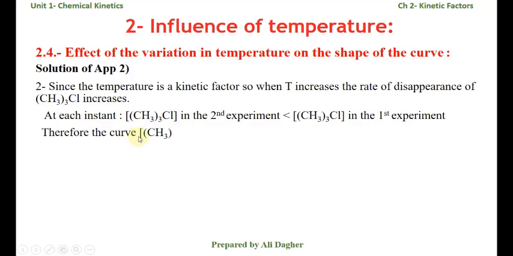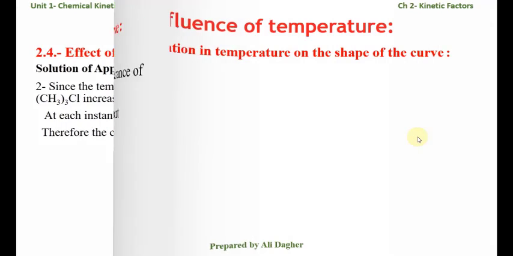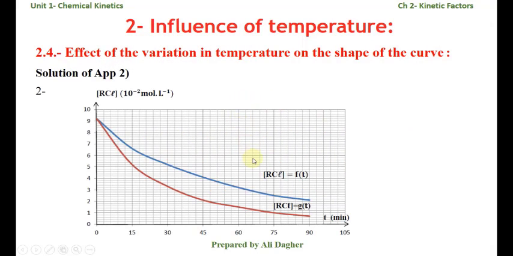Therefore, the curve concentration of CH3 Cl equal G(t) must be below that of concentration of reactant equal F(t). On the graph, the blue one is the old one at T. The new one at T prime is below it.